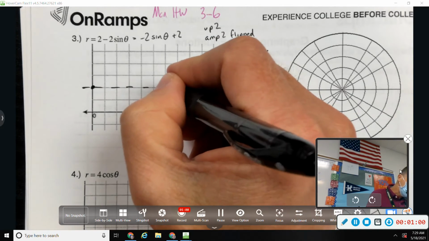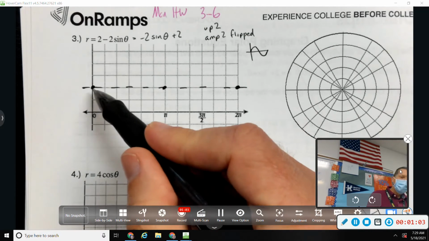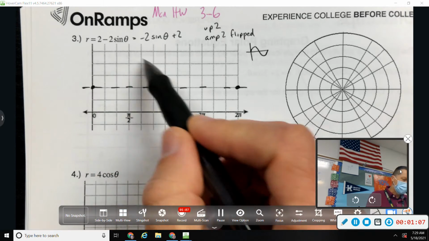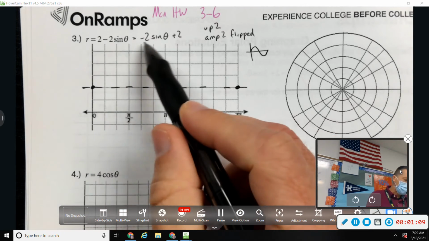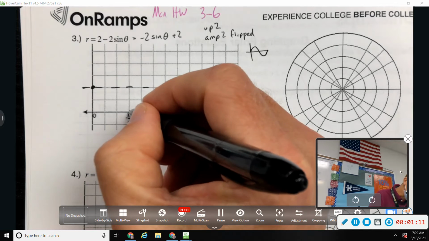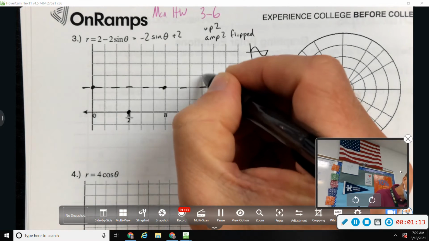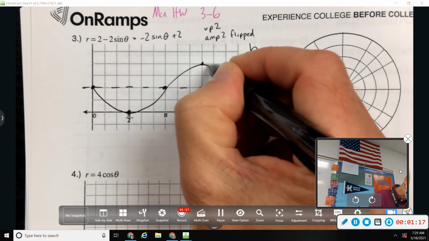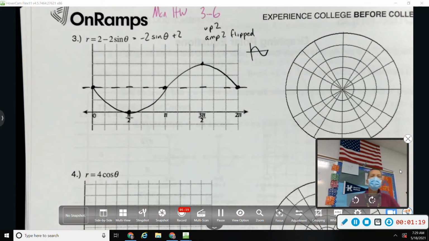Halfway through we're at 0, and normally we would go like that, because that's what a sine wave does. But because of that negative, we're going to go down first. So there's the XY graph of that.